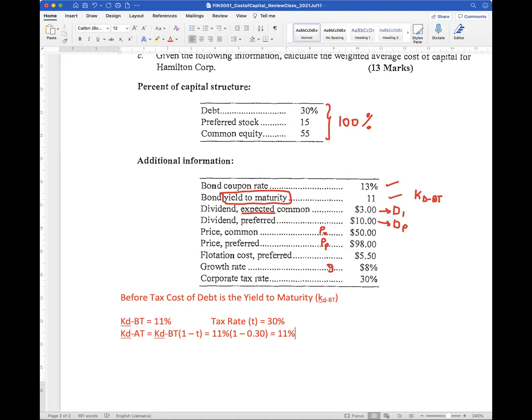So it will be 11% times 0.70, which equals 7.7%.